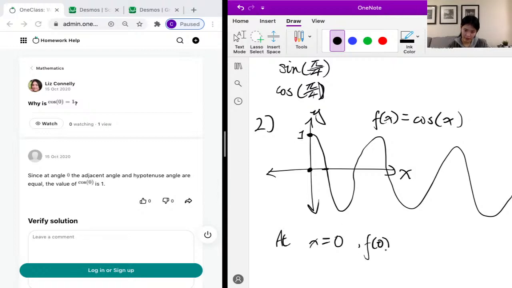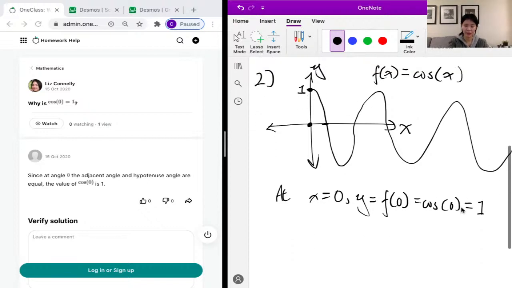F of 0, or I guess I should say our y value, is equal to f of 0, is equal to cos of 0, is equal to 1. And that is part of the reason why the cosine of 0 is equal to 1.